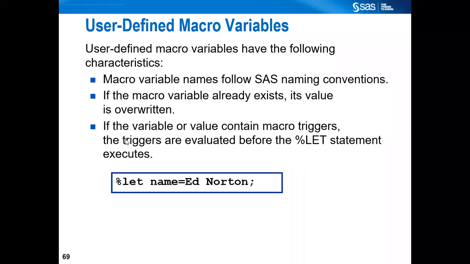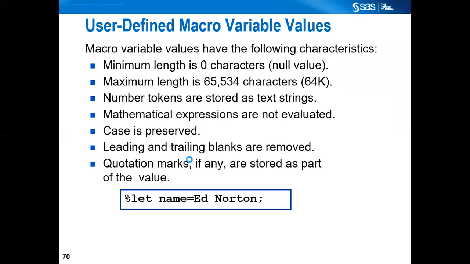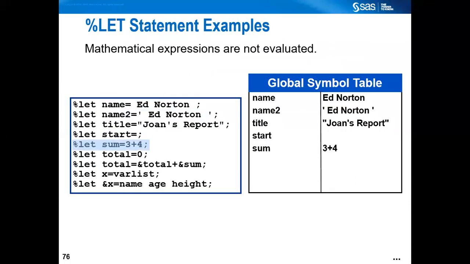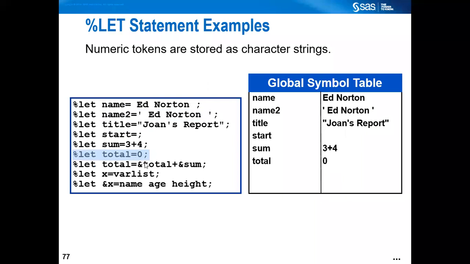Now tell me, with this statement, if you have read the earlier statement, what it's telling is that if a variable or value contains some macro triggers, the triggers are evaluated before your %let statement executes. So if this statement is clear, now answer for this.